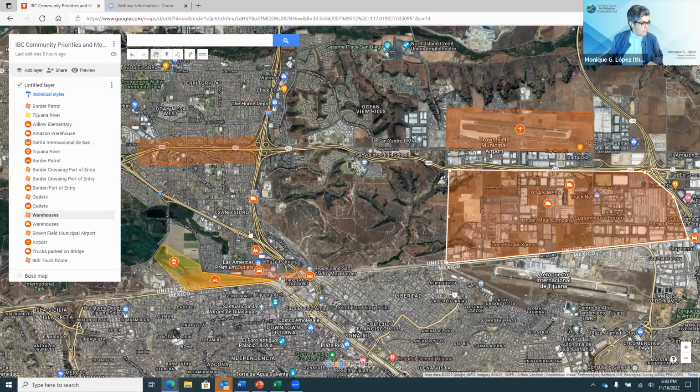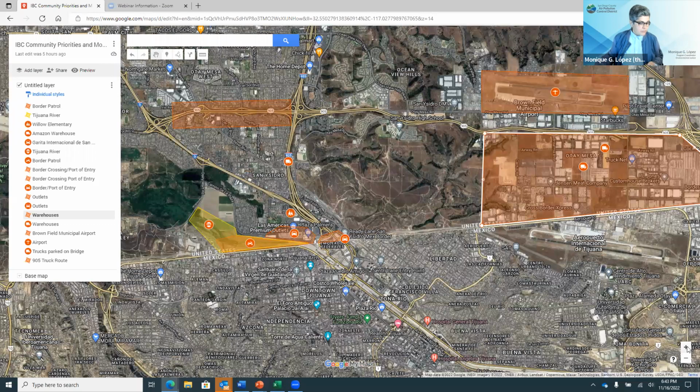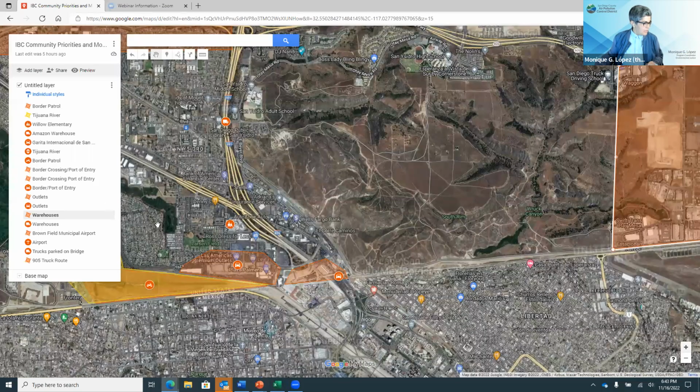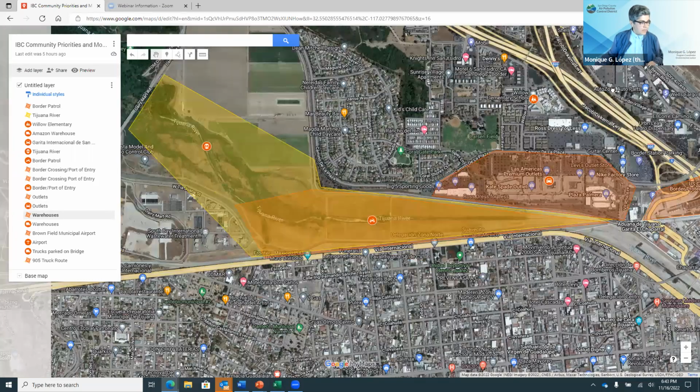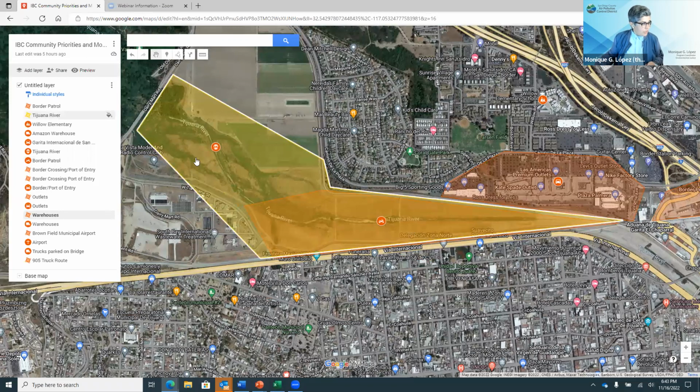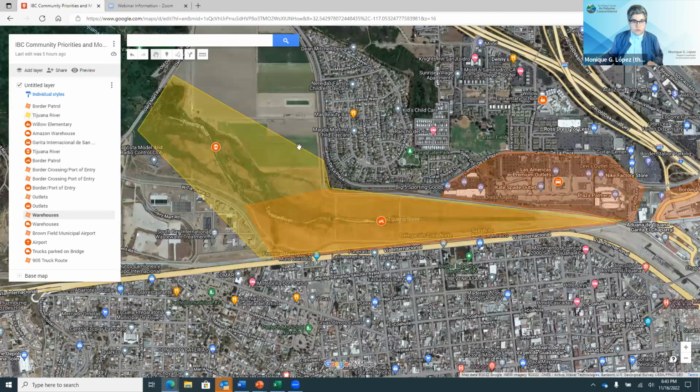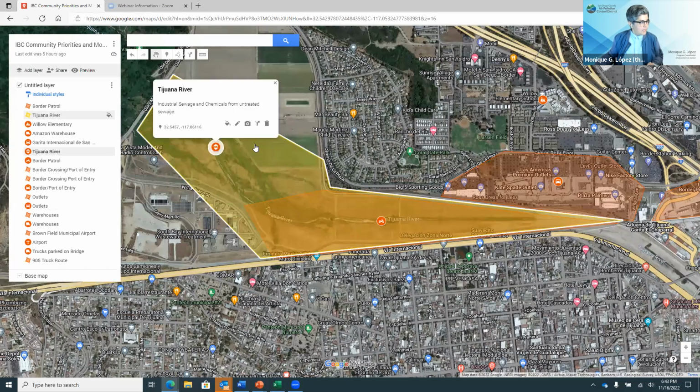So some of the things that we heard, and I'm just going to zoom in a little bit on some of the locations. We heard that odor coming from this general area, impacting homes, communities and families here, was of a major concern, from industrial sewage and chemicals from untreated sewage.